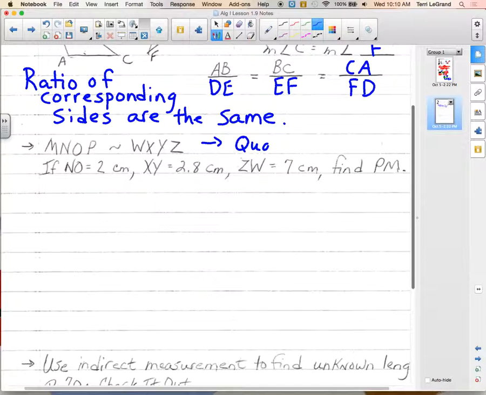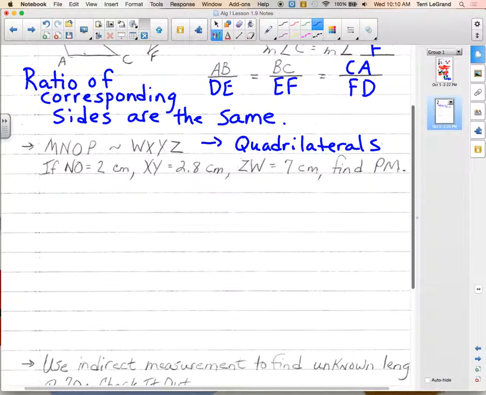We know we have quadrilaterals, that's the best we know right now. We don't know if they're rectangles, squares, or a rhombus, we just know that they're 4-sided figures. How do we know that? Because there are 4 angle measures, or in other words, 4 vertices. That's how we know it's a quadrilateral.